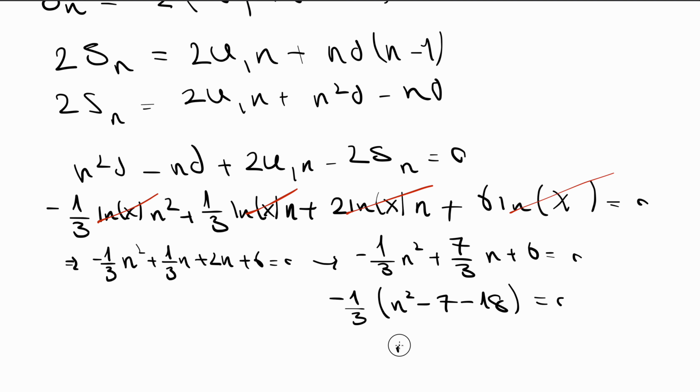And so if you factor that, it's going to be n minus 9 and n plus 2 equal to 0, and since n must be positive, your only solution is n equal to 9. So hope that helps.